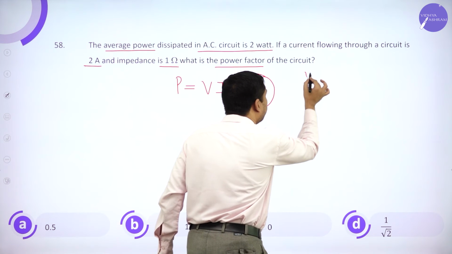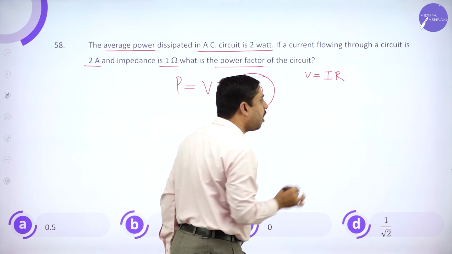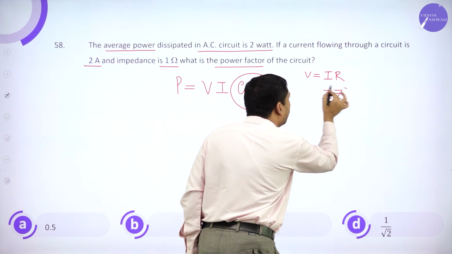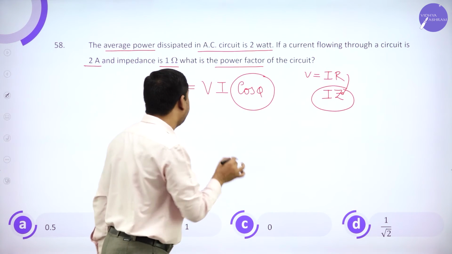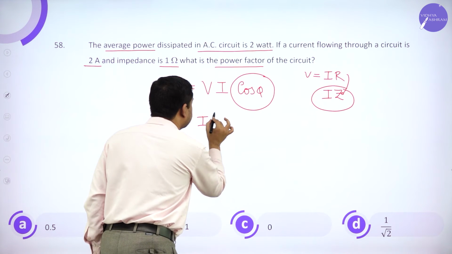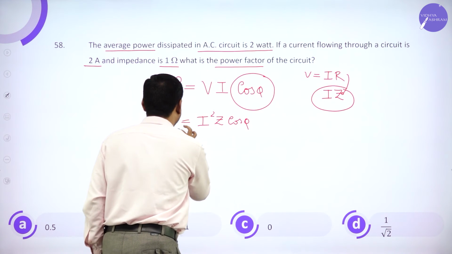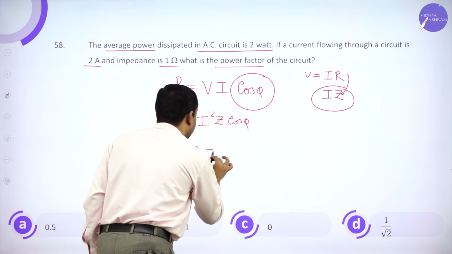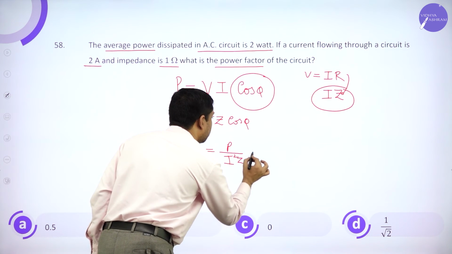See, we know V equals I into R, Ohm's law. But since it is AC circuit, resistance is called impedance Z. So V is I into Z. So this is I square Z cos phi. That is the power. Or cos phi is P divided by I square Z.